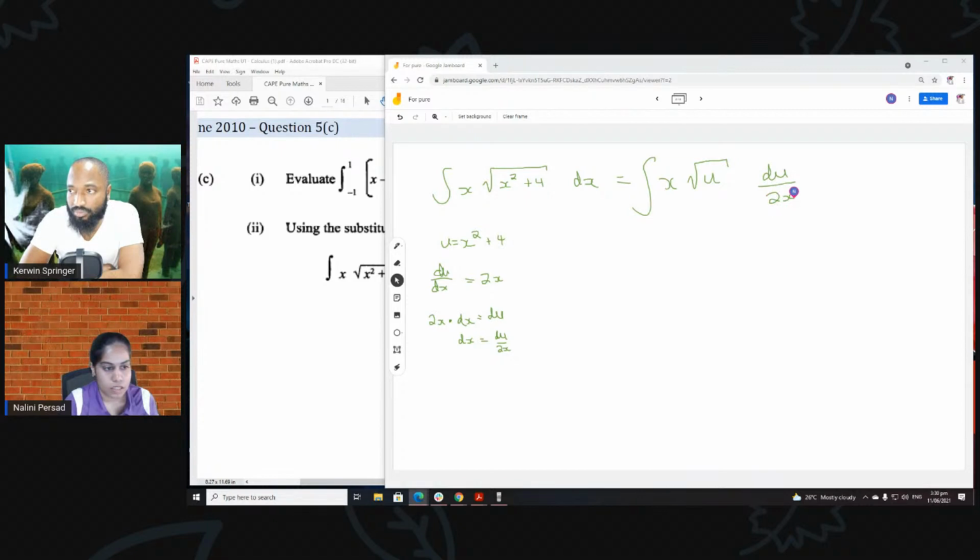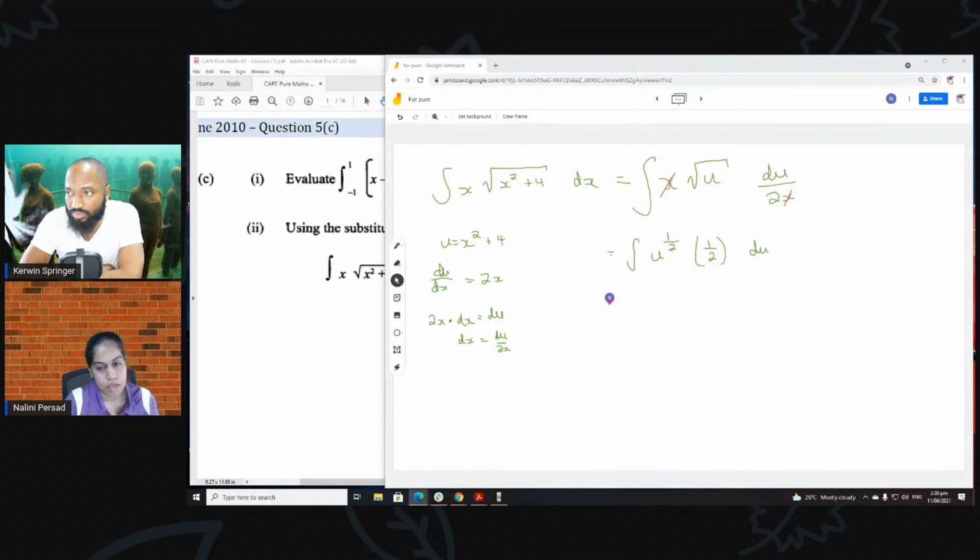You would realize that the x terms cancel out. Let's write it back. So it will be the integral of root of u, which is the same thing as u to the power of a half, with a half in here as well, du.